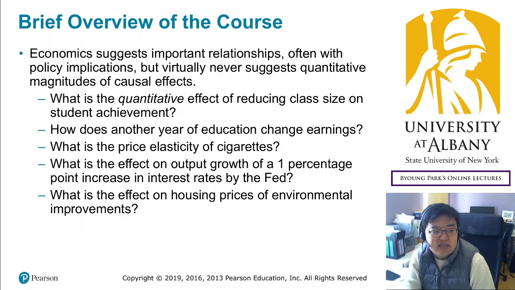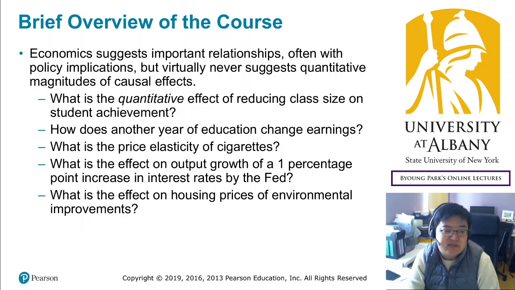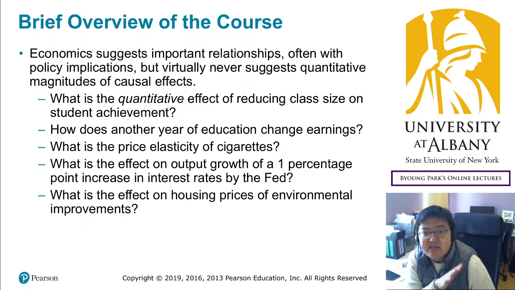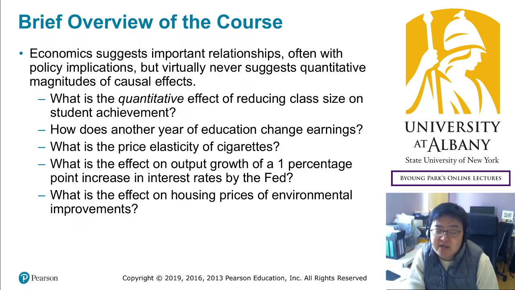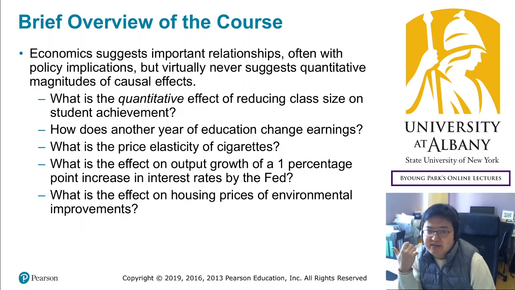And third, what is the price elasticity of cigarettes? You learn price elasticity from microeconomics. The elasticity is an important determinant of the optimal tax rate. So when you set the tax on cigarettes, you have to understand elasticity.